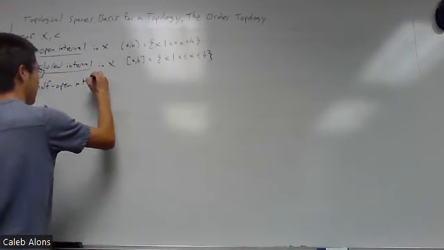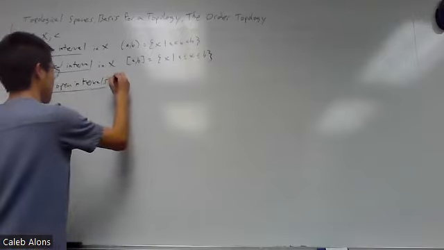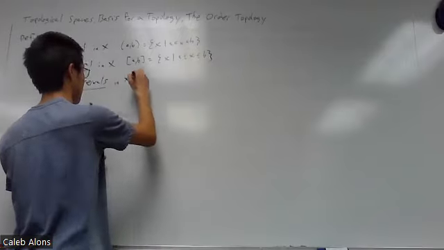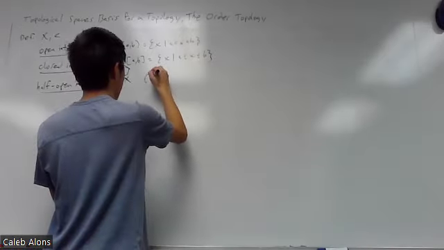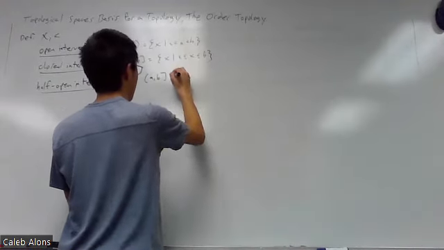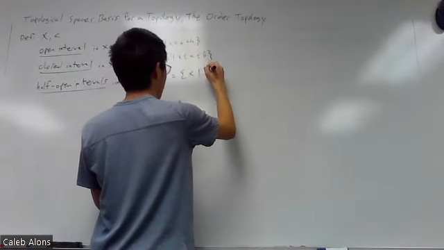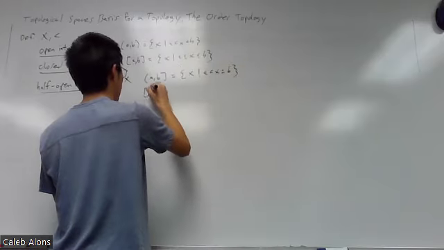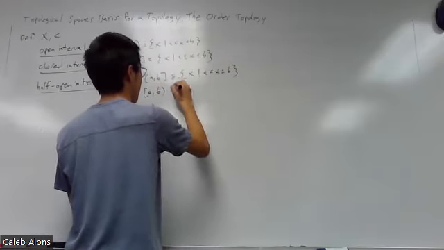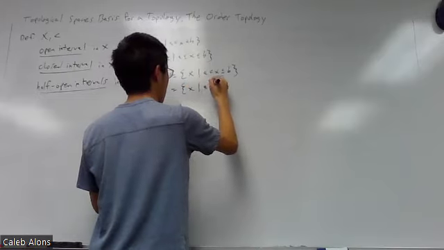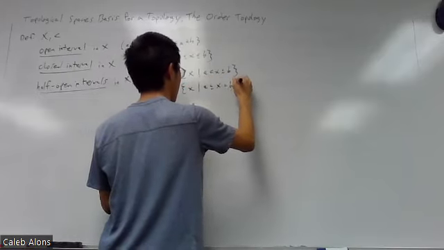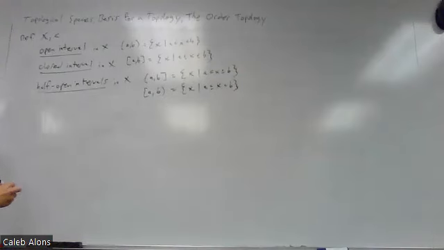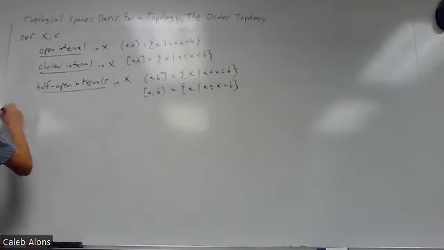And there are 2 half open intervals in X. That's going to be open a, closed b, and closed a, open b.